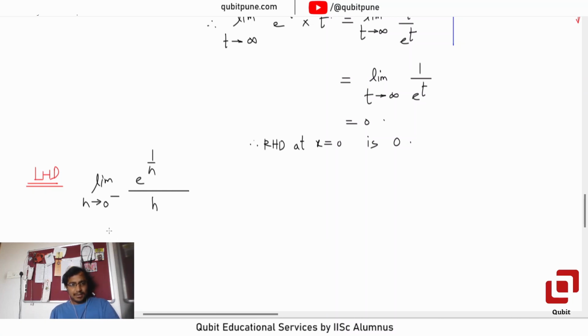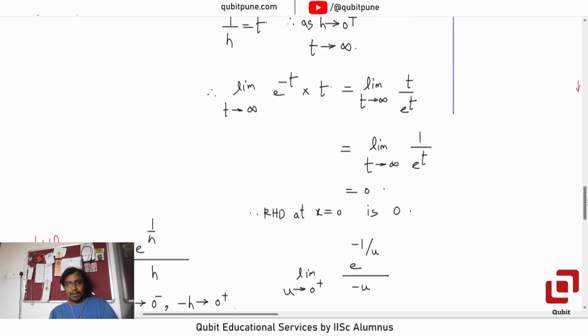As h tends to 0 minus, minus h will tend to 0 plus. So let minus h be u. Limit as u tends to 0 from the right, this will be e raised to negative 1 upon u upon negative u.